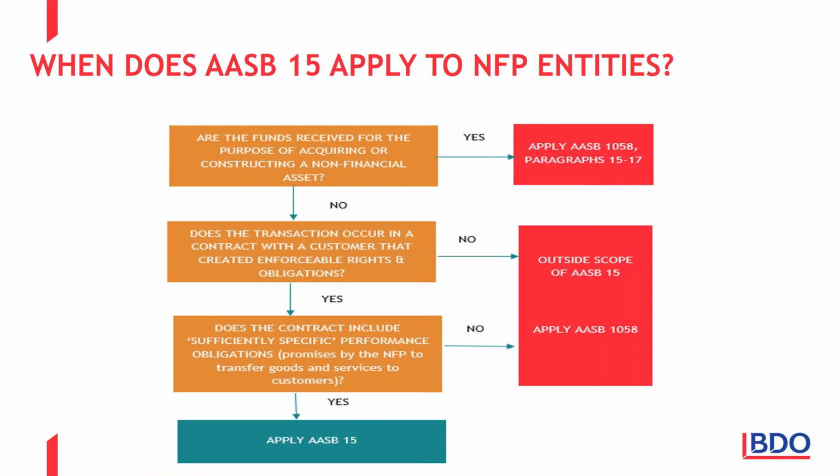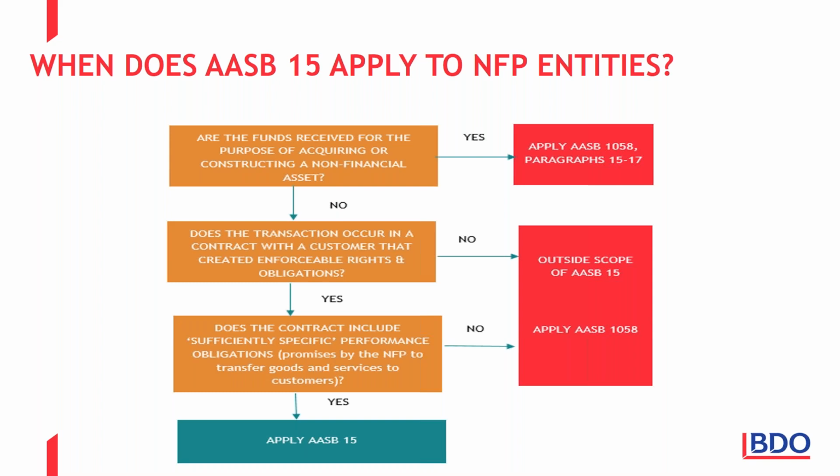Now, a lot of people thought if that's what they've been doing under AASB 1004, once they get into the new standards, they would be able to continue to do that without really thinking about it too much. Now, let's just test that particular example on this decision tree. In the first question, are the funds received for the purpose of acquiring or constructing a non-financial asset?